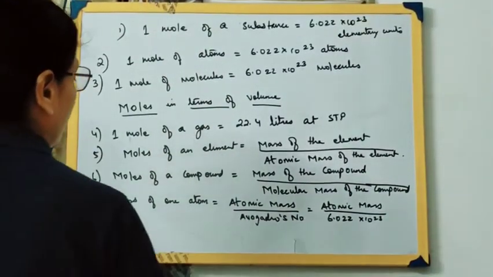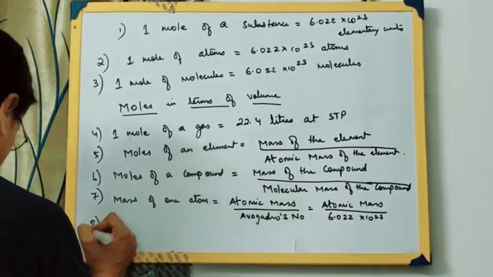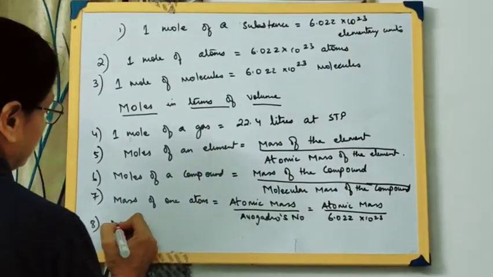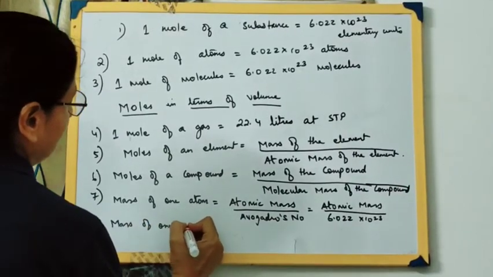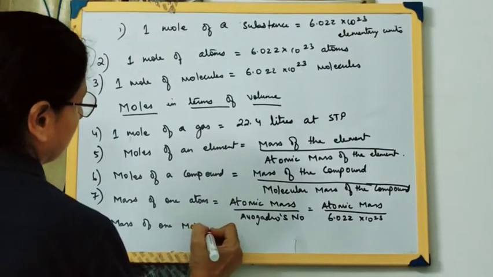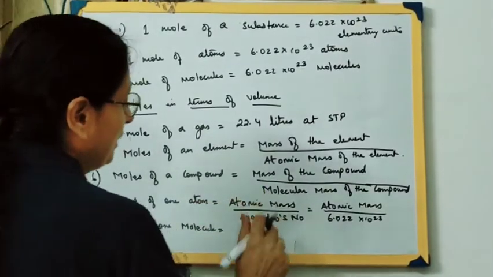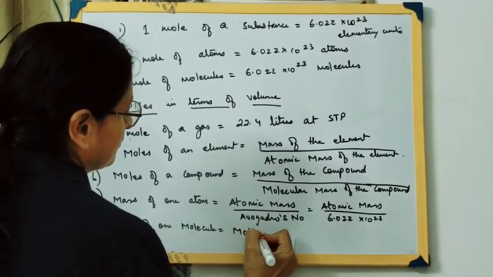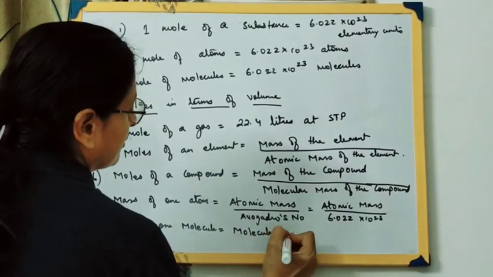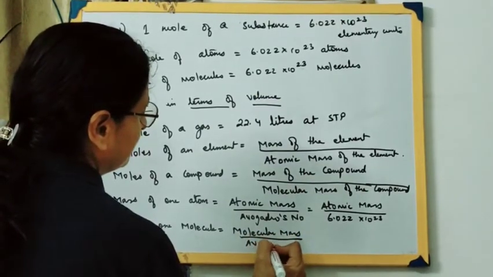Similarly, mass of one molecule. This was the mass of one atom; now mass of one molecule will be molecular mass. As you considered atomic mass over here, here we will consider molecular mass upon Avogadro's number.